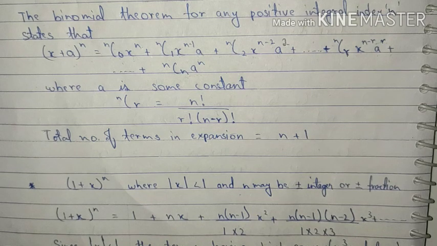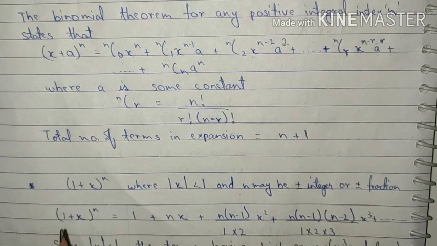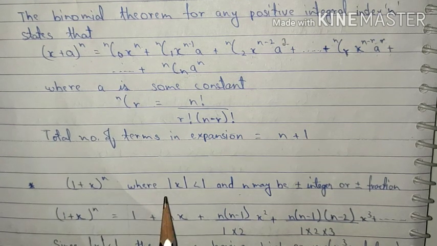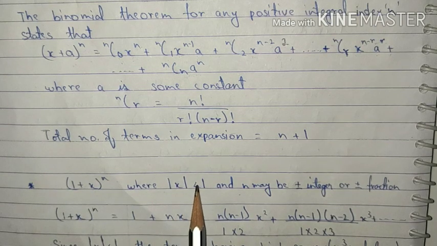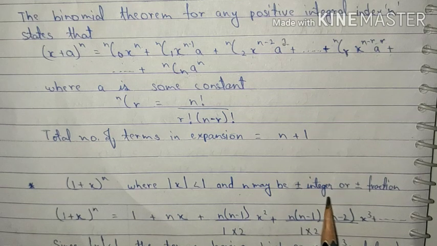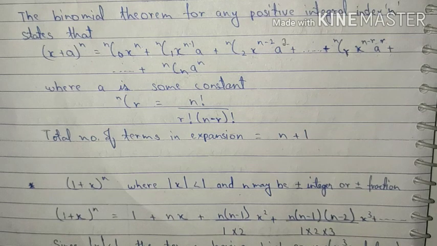Now when we are studying physics, we will come across the use of binomial theorem in certain equations, or we'll have to solve certain equations using binomial theorem, whereby we'll have the equation in the form of (1 + x) raised to power n, where the value of mod of x will be less than 1, and n may be a positive or negative integer, or it may be a positive or negative fraction.